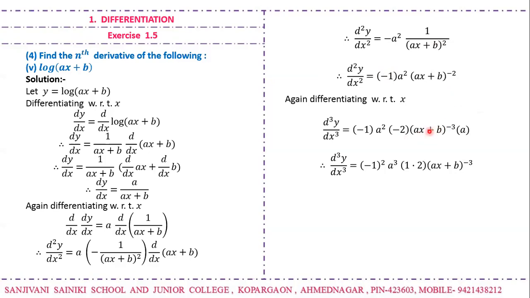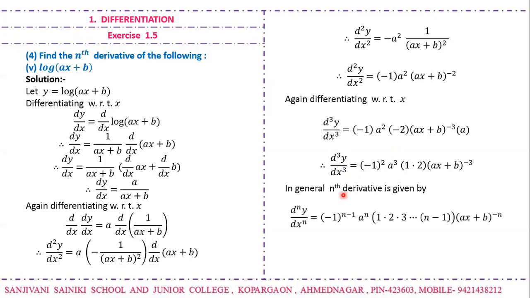So after simplifying, I can write it as this minus 1 and this minus 1, so minus 1 square, a square into a is a cube, then this 1 into 2, and ax plus b raised to minus 3. So from this third order derivative we can generalize the formula to find the nth order derivative.